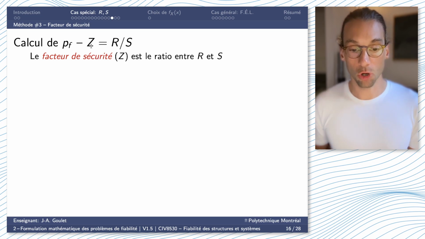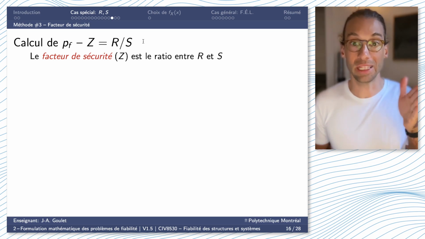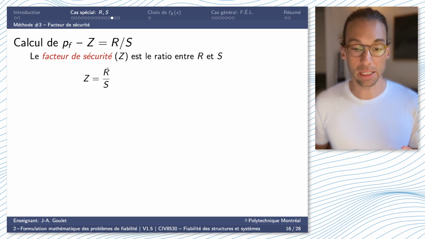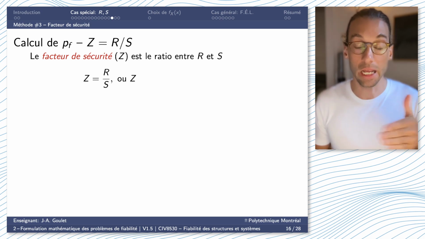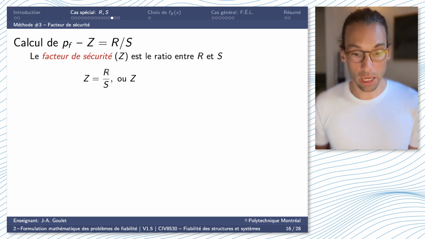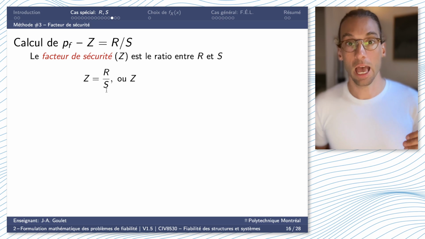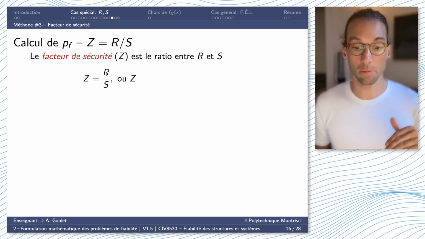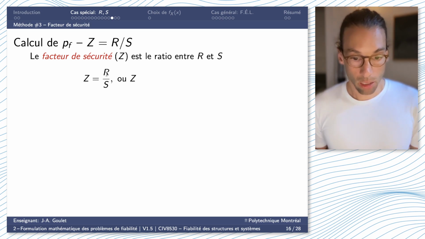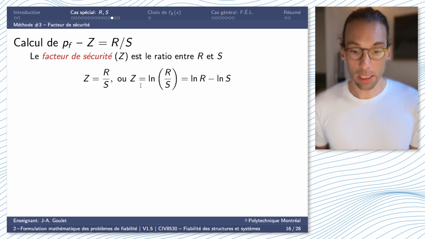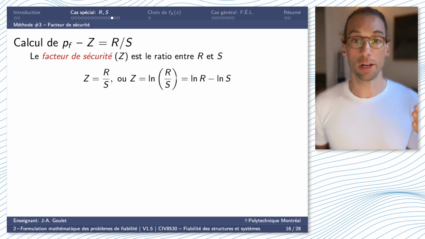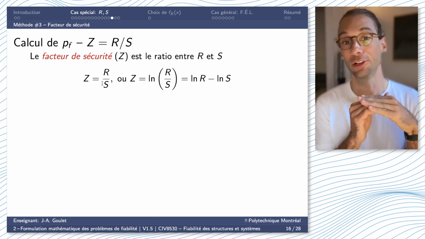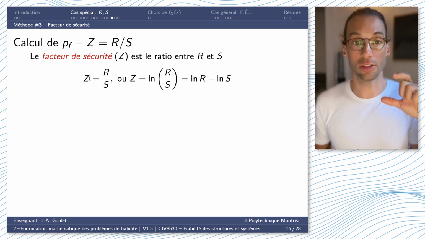With a safety factor, we look at the ratio between R and S instead of the distance between R and S. So now I say Z is R divided by S. It is equivalent in discriminating between the resistance and the solicitation, because when R is greater than S, I get something above 1, and when S is greater than R, I get something below 1, where Z is equal to ln of R minus ln of S. So by looking at the ratio, if I have log normal random variables for R and S, I can directly divide log normal random variables and still have a log normal as the result.